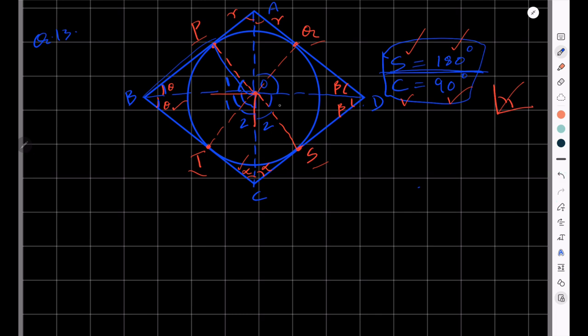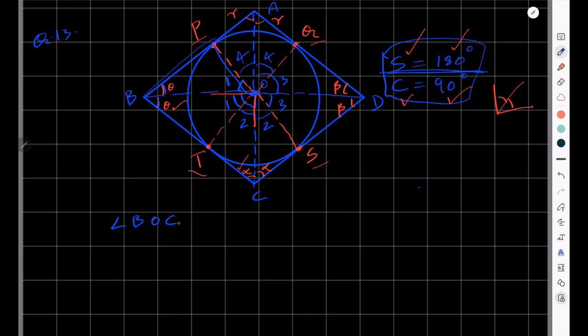Similarly, we can name these angles 3, which are the same, and these angles 4, which are also the same. Now, what is the angle subtended at the center of the circle by BC? It is BOC.